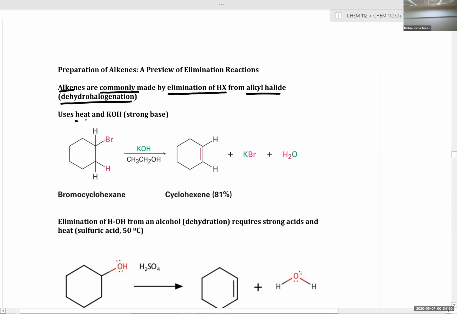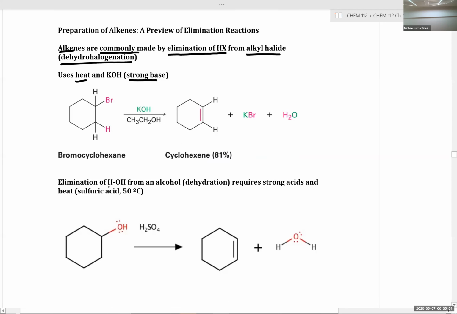Typically we use heat and a strong base, because eliminations themselves are favored when you increase the temperature. You can also eliminate water from an alcohol using strong acid and heat. Sulfuric acid is the acid of choice for this process because it's a dehydrating acid.